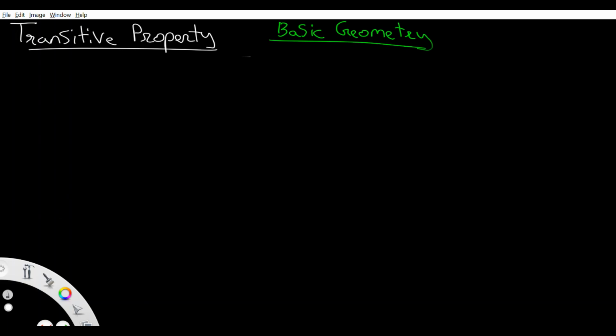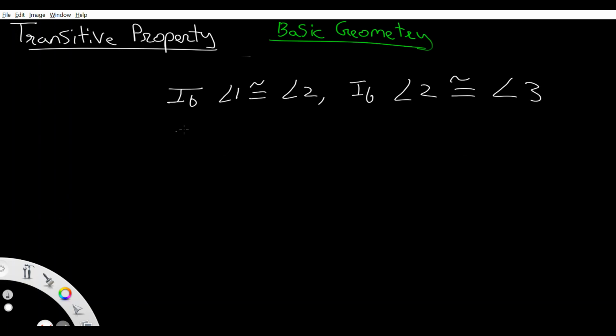So let's say if angle 1 is congruent to angle 2, and if angle 2 is congruent to angle 3, then this means that angle 1 is congruent to angle 3.